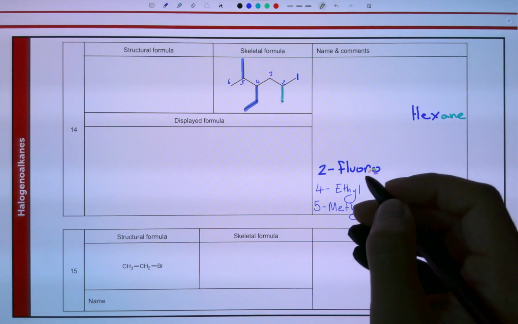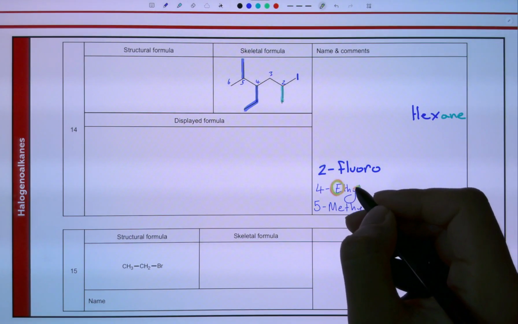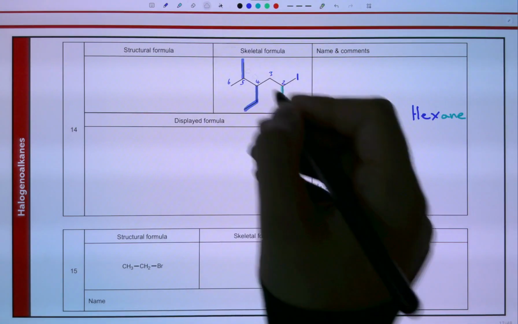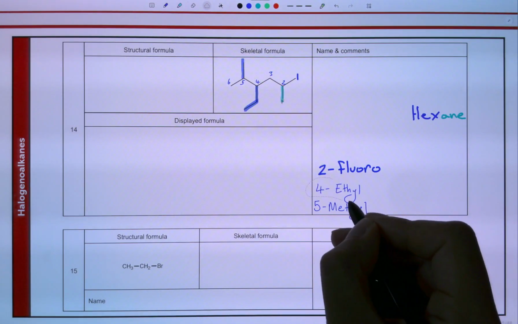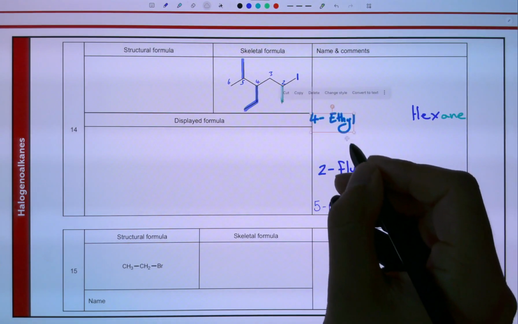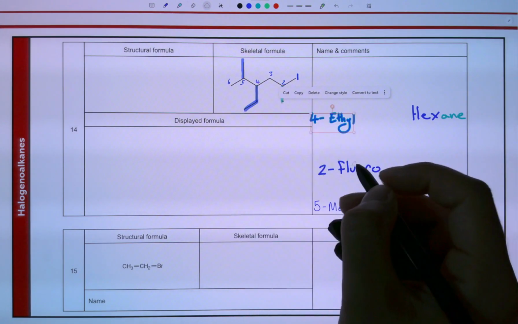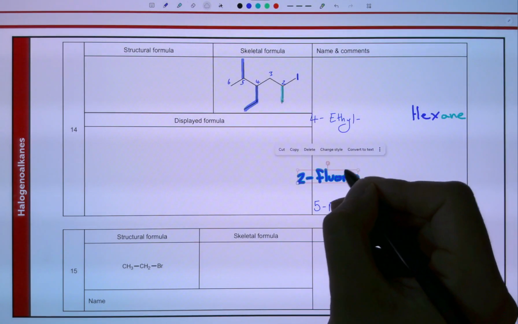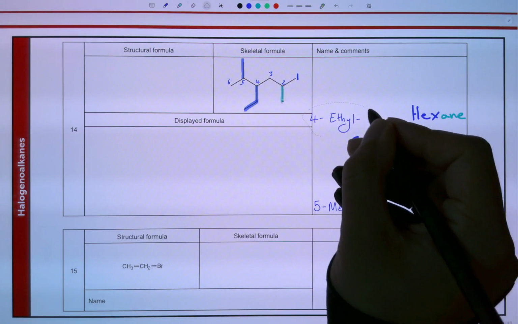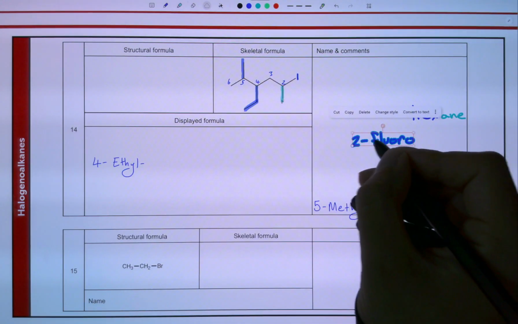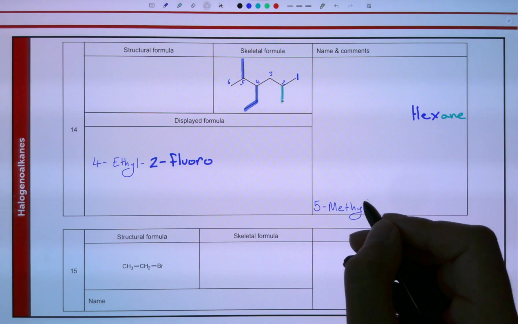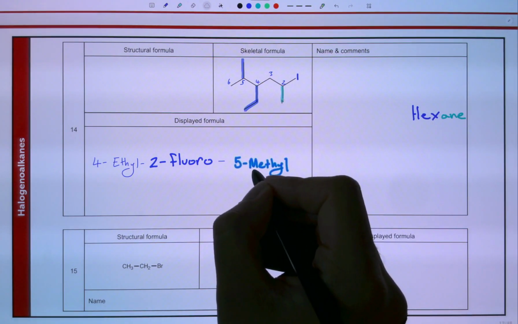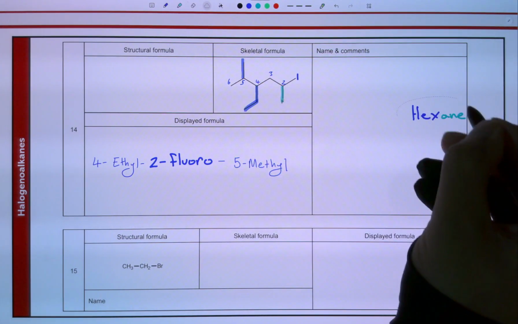E is first in the alphabet, then F, then M. So this would be 4-ethyl-2-fluoro-5-methylhexane.